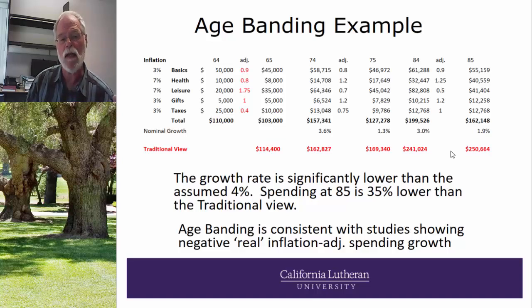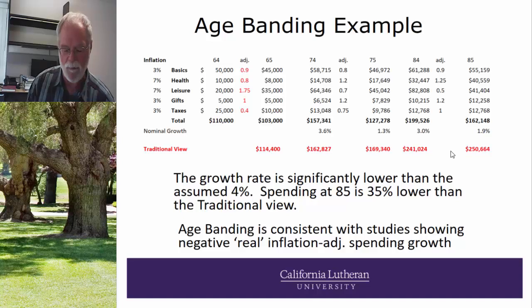What we find then is that age banding is really pretty consistent with this whole idea of studies that Blanchett shows, that there's a negative real inflation adjusted pattern.